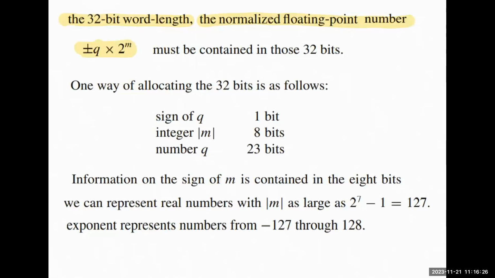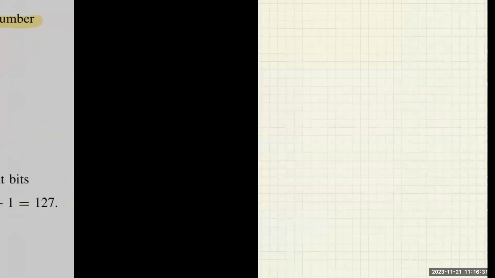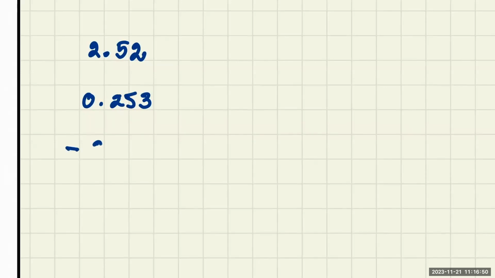Suppose I have base 10 real numbers, for example 2.52, which is one type, or 0.253, maybe another one, or minus 3.256, and plus and minus.